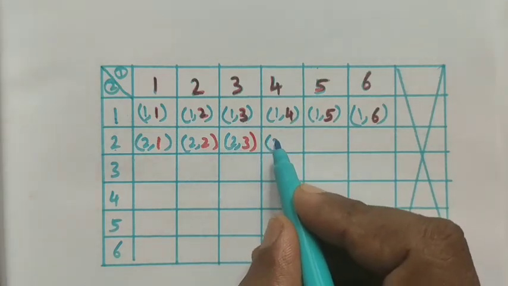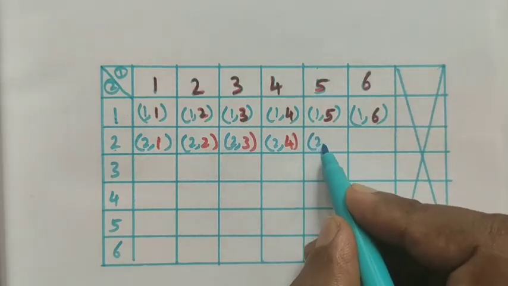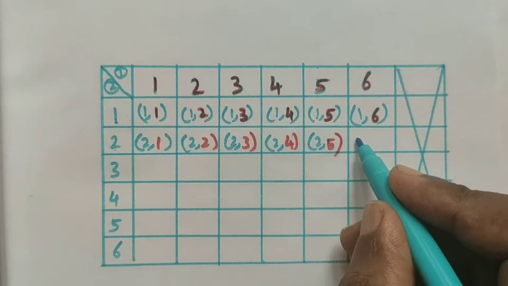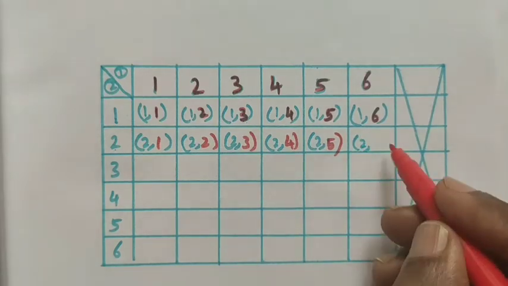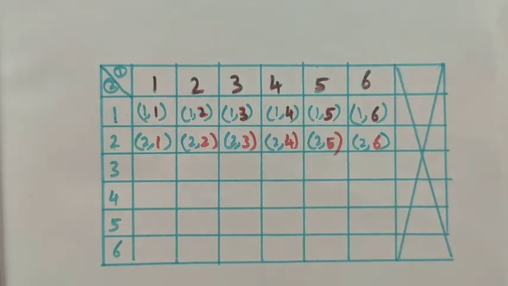Here we have the number 2 and 4. Here we have the number 2 comma 5. Then here we have 2 comma 6. In this way we can find out all the possible outcomes of sample space, total number of possible outcomes.